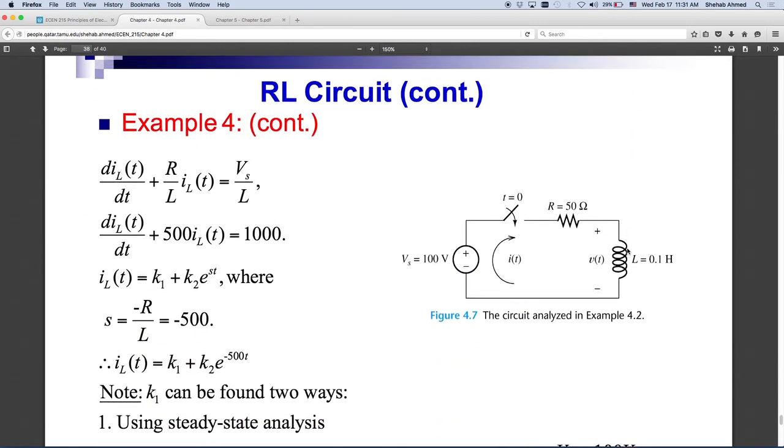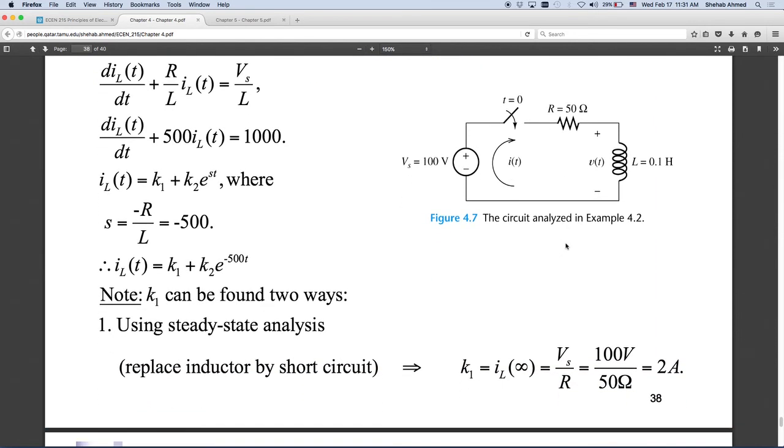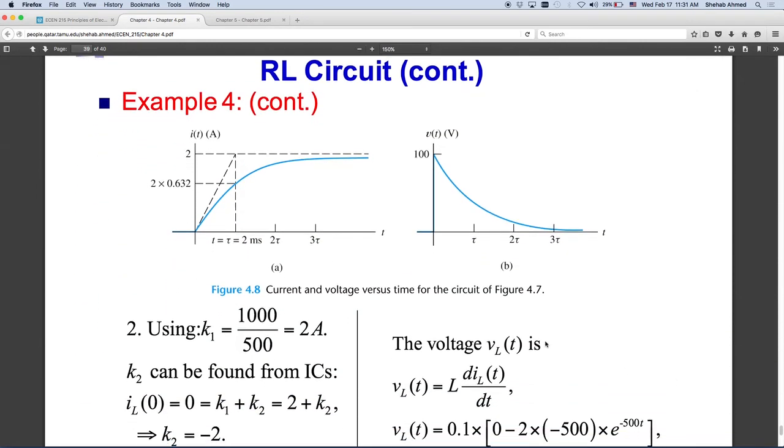And then the check would be to look at the steady state value of current. Steady state value of current is 100 divided by 50, which is 2 amps. So when you draw your current waveform, it's going to end up going to 2 amps at infinity.